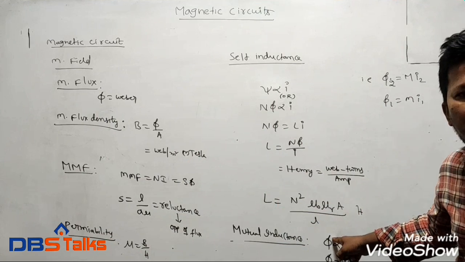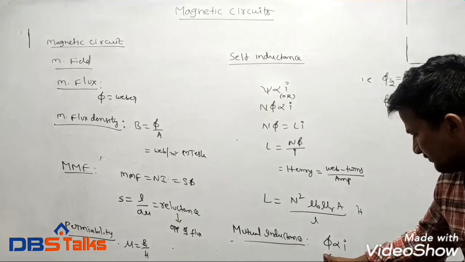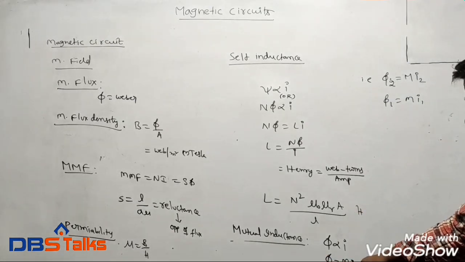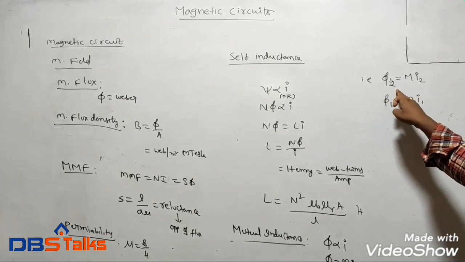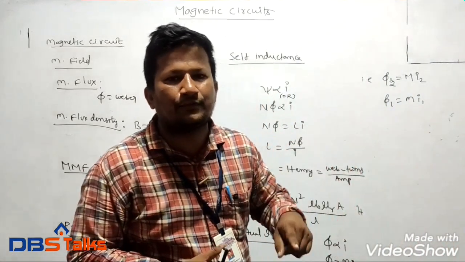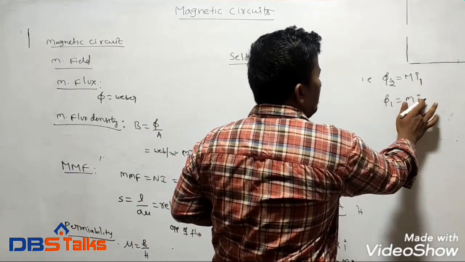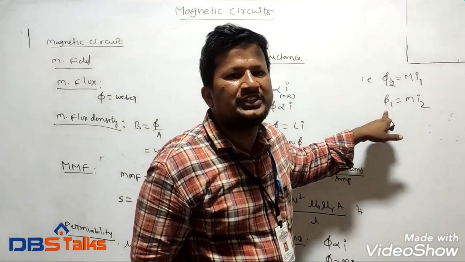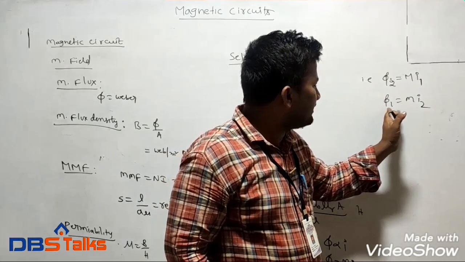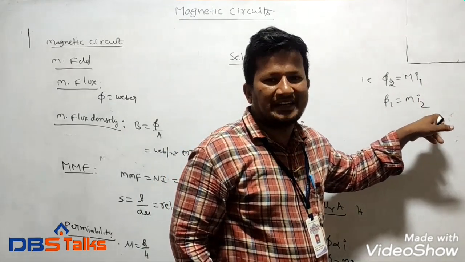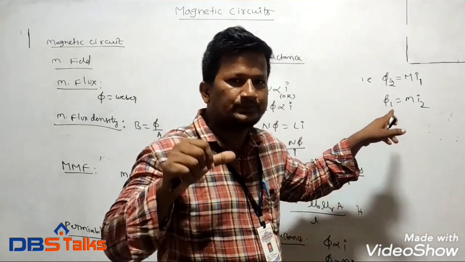Generally, flux is proportional to current, so the flux is equal to M i. Suppose the flux produced in the secondary coil is due to the current flowing through the primary coil, or the flux produced in the primary circuit is due to the current in the secondary circuit. That is, phi 2 is M i1, or phi 1 is M i2.